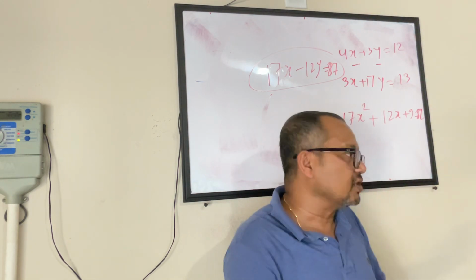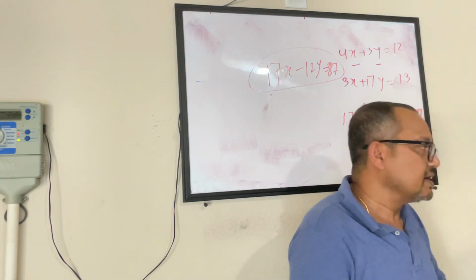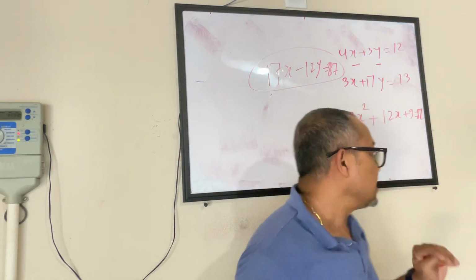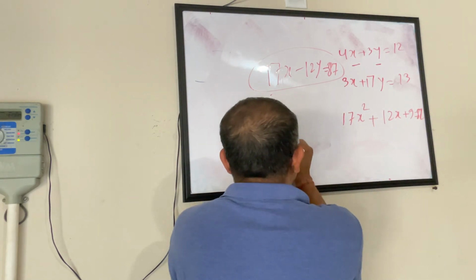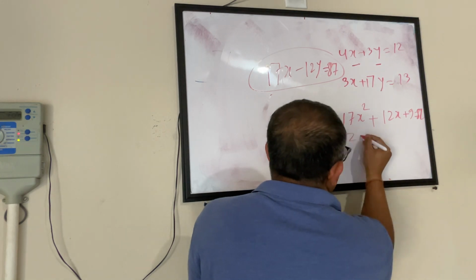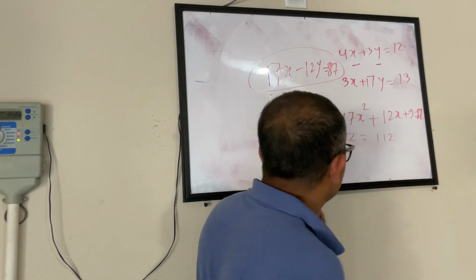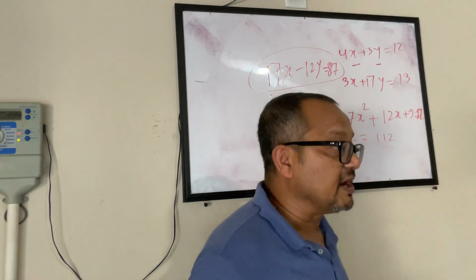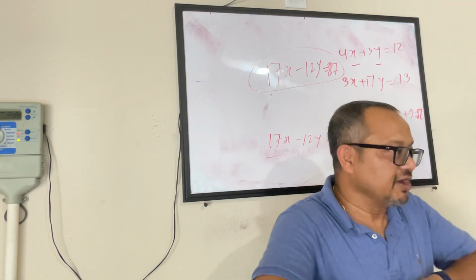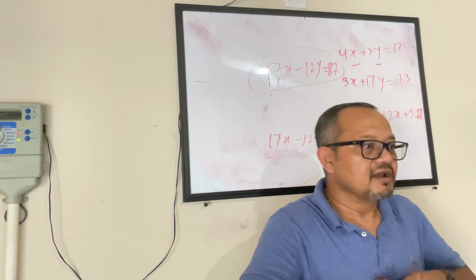That's a rule of thumb that you have to keep with you. If I have two variables to solve, I would need minimum two equations. If I have, let's say, 17x minus 12y plus 3z equal to 112, I have three variables here, I need minimum of three equations. No negotiation.